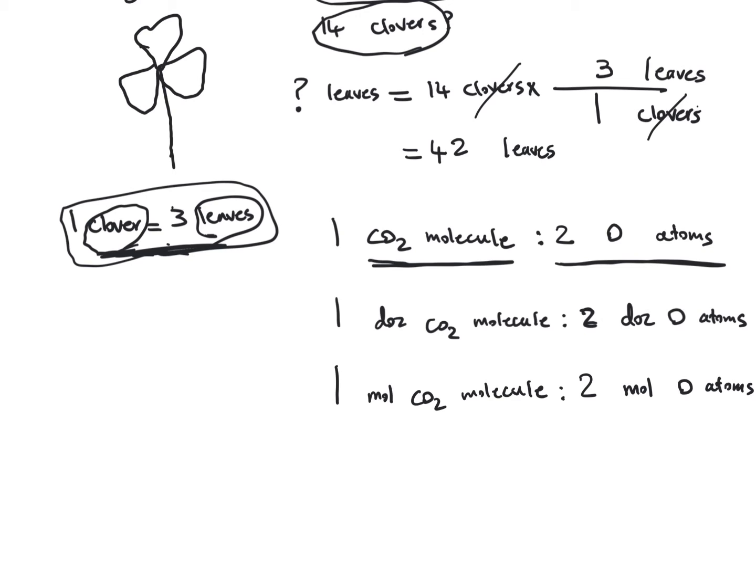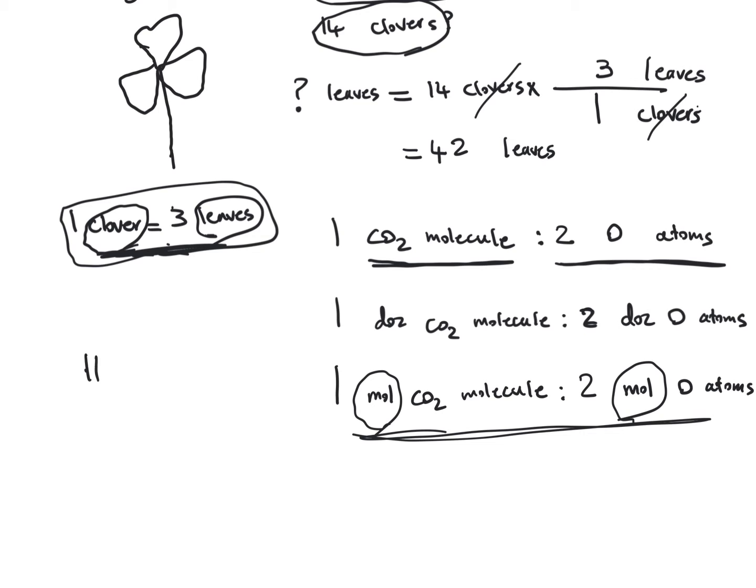And this is really important to remember, that this relation here is based on mole, not based on gram, not based on anything else. This is mole. So remembering that, you can write this for other molecules as well.